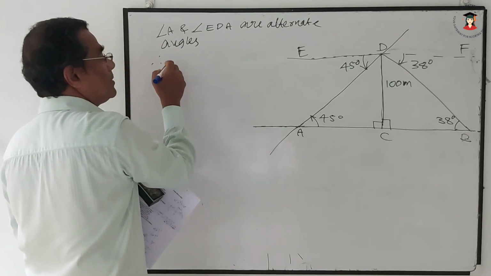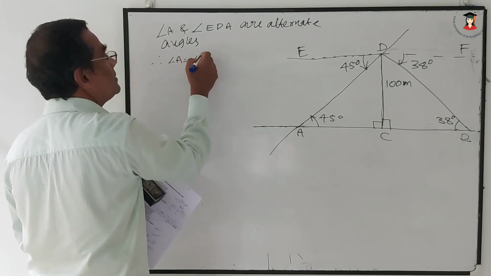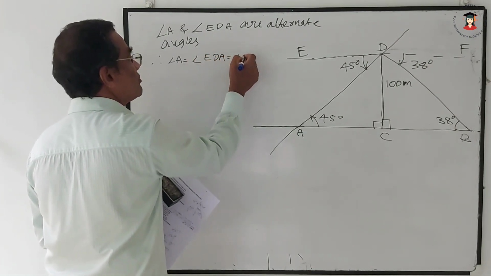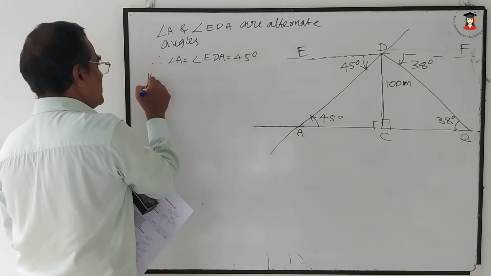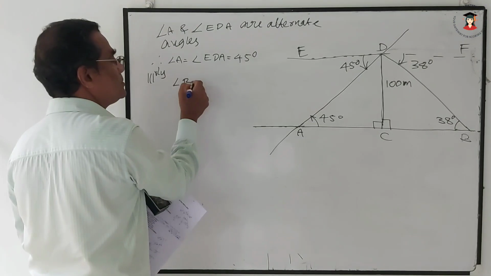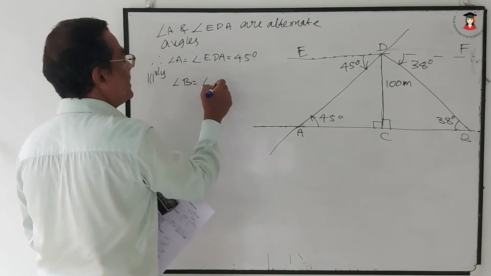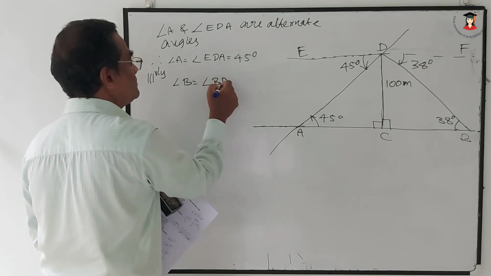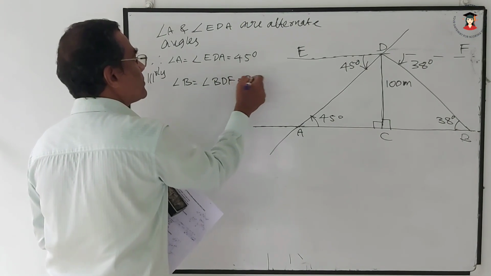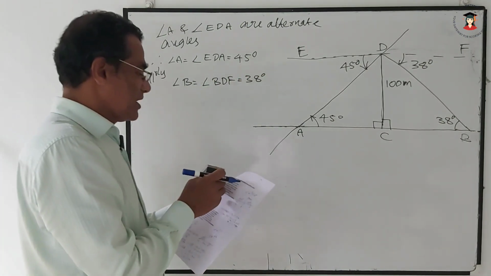Therefore, angle A equals angle EDA equals 45 degree. Similarly, angle B equals angle BDF equals 38 degree.